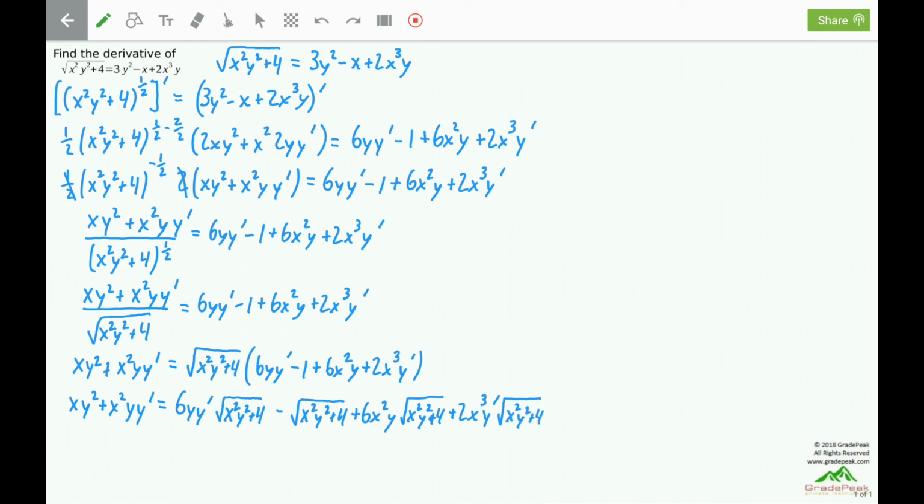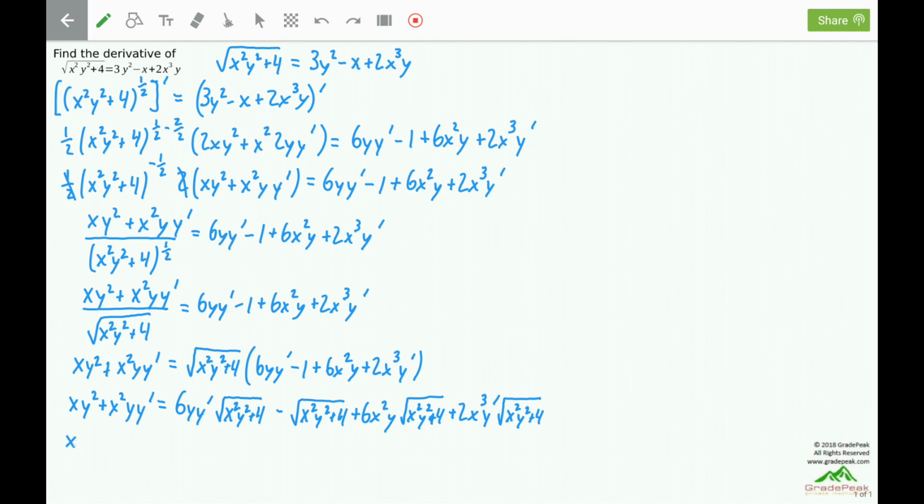The reason we would want to do this is we need to isolate the y prime terms. There's a total of 3 of them. We have this one here, we have this one here, and we have this one here. We need to put those together on one side. I'm going to opt to put them on the right side. 2 of them are already over there. We're going to move the third one over. All the terms that do not have a y prime are going to move to the left side.